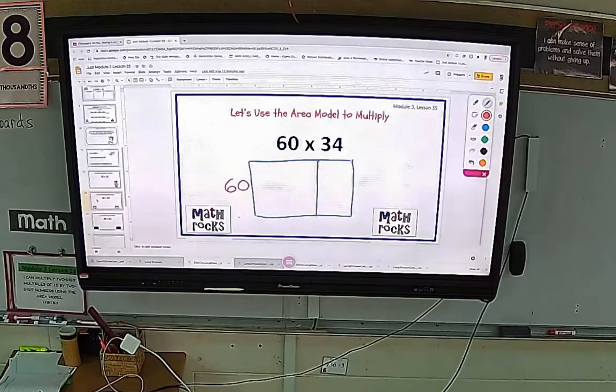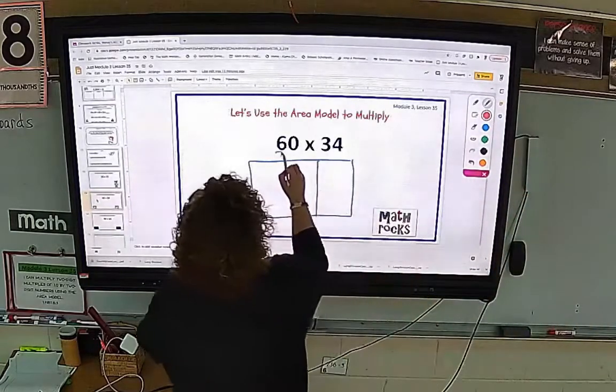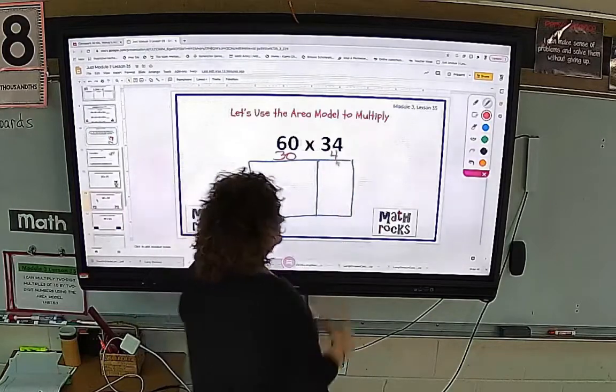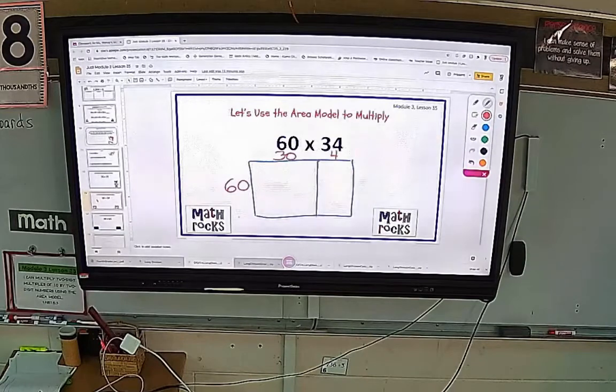Okay, 34 is going to go on top because we're pulling it apart into those two pieces. We're going to put 30 because there's 3 tens. And we're going to put 4 right here because that's the ones place. Okay. So go ahead and make sure all of those numbers are on the sides and top of your area model.